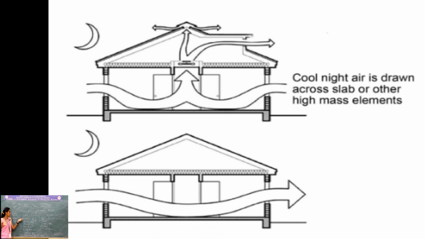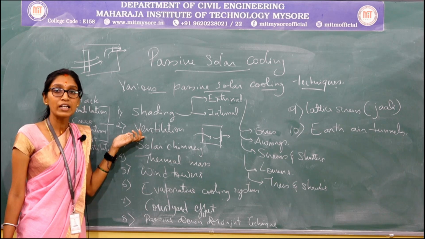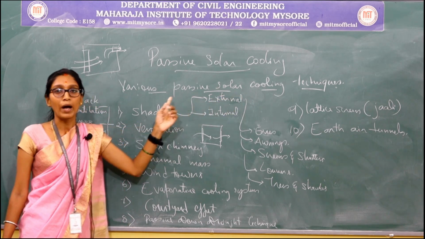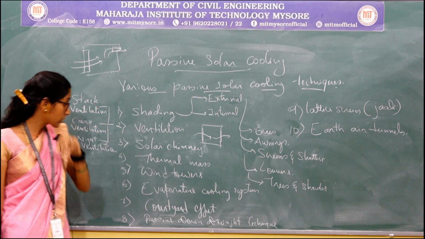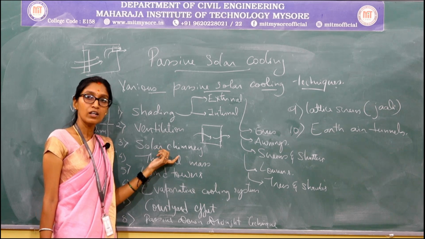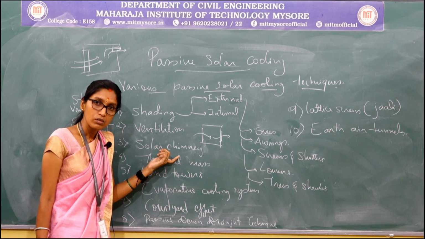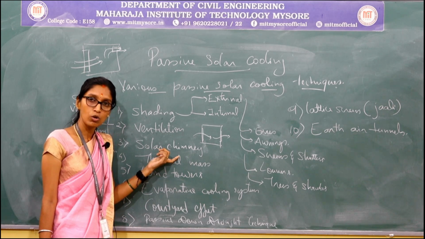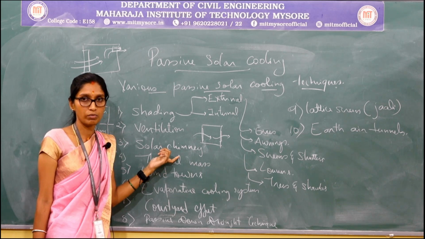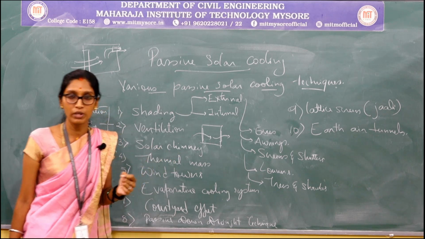So this is how the ventilation helps in providing a cooling effect in passive buildings. Okay, next. So what is next? Yes, the third technique that we were having in order to have passive solar cooling in a particular building was your solar chimney.